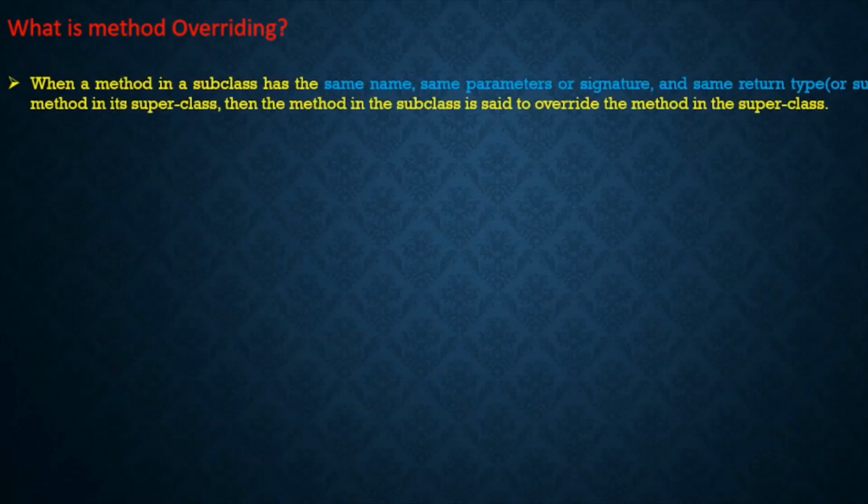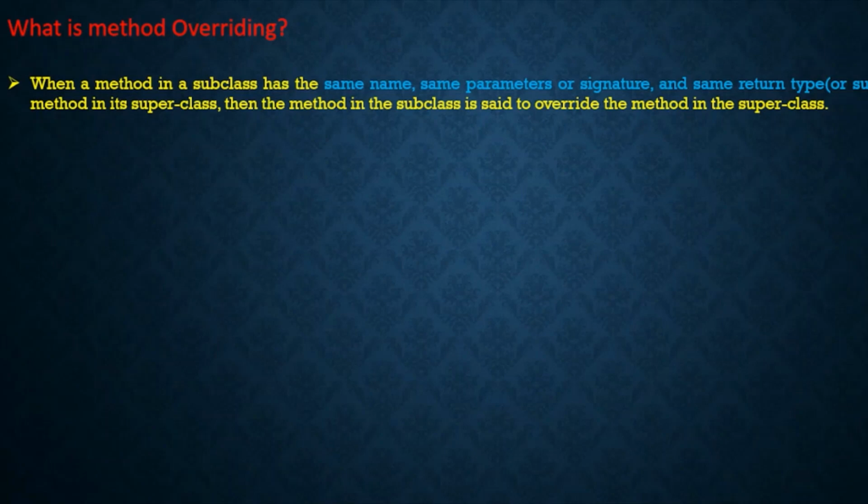What do you mean by method overriding? In method overloading, we have seen the same name but differing in the type and number of arguments. But in overriding, the method name is the same and the parameters are the same.